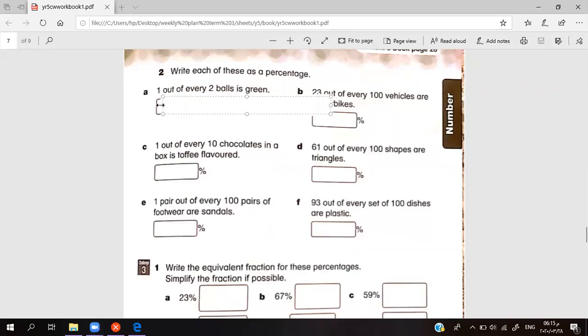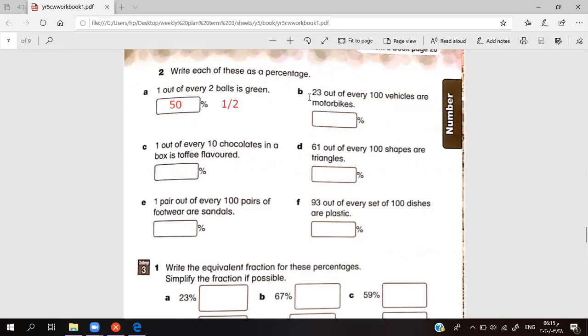It means 1 over 2. So half of them are green. And half gives me what percent? We just agreed that half of 100 is 50%.